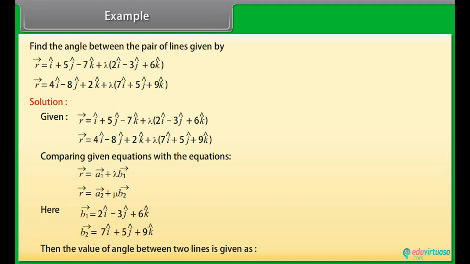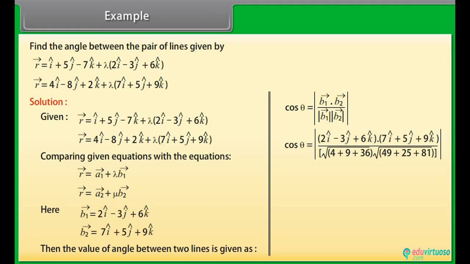Then the value of the angle between two lines is given as cos theta equals modulus of (vector B1 dot vector B2) by (modulus of vector B1 into modulus of vector B2). Cos theta equals modulus of the dot product of (2i minus 3j plus 6k) and (7i plus 5j plus 9k) divided by square root of (4 plus 9 plus 36) into square root of (49 plus 25 plus 81).